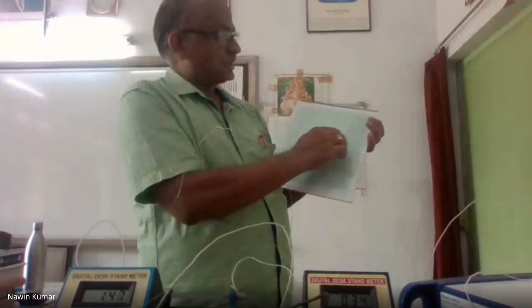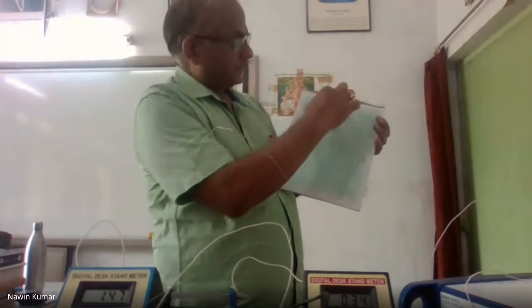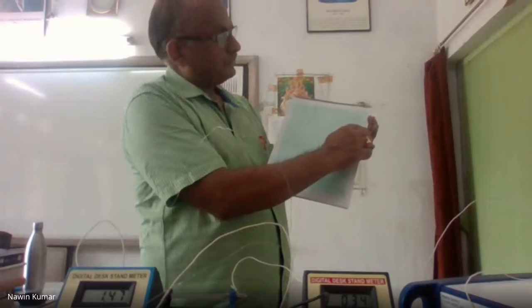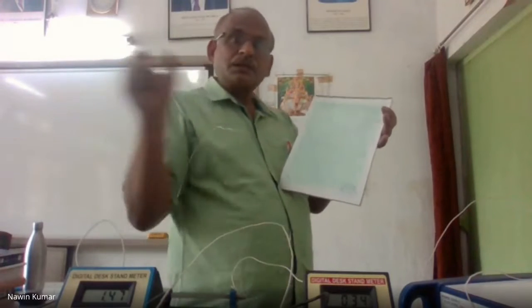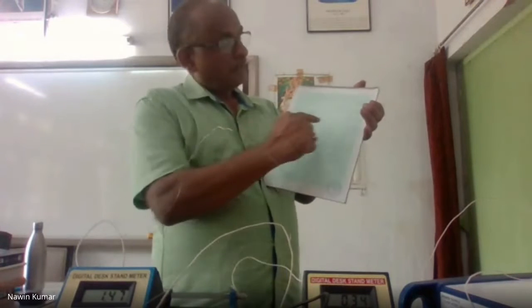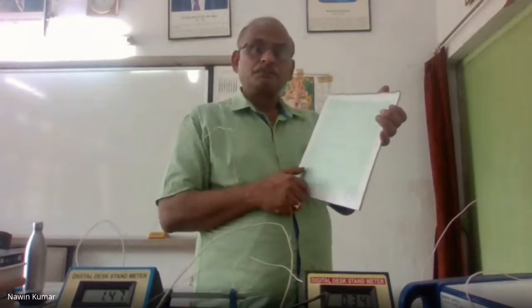Then the resistance is calculated as del V by del I, and the values are substituted. So whatever readings you have taken, plot the graph, and then the resistance can be calculated.